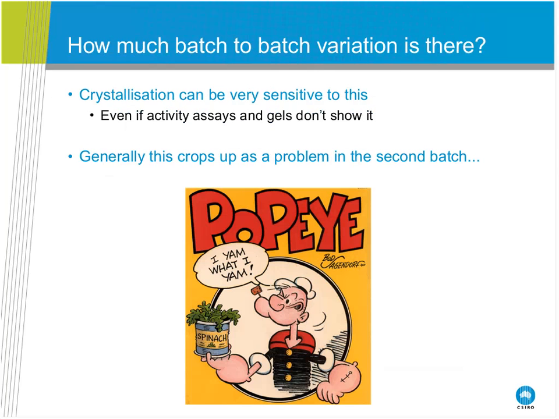And then another thing to ask about is the idea of batch-to-batch variation. Crystallization can be particularly sensitive to batch-to-batch variation, even if your activity assays and your protein gels don't show it. And you only tend to realize that this is a problem when the second batch of protein, which you swear blind was produced in exactly the same way as your first batch, doesn't behave the same way.